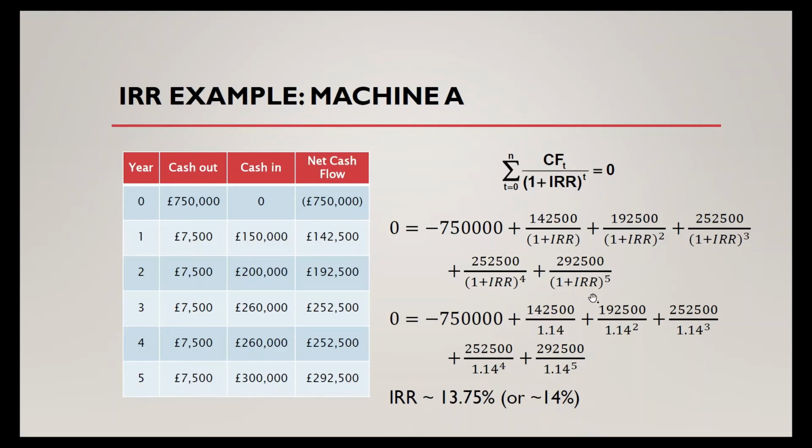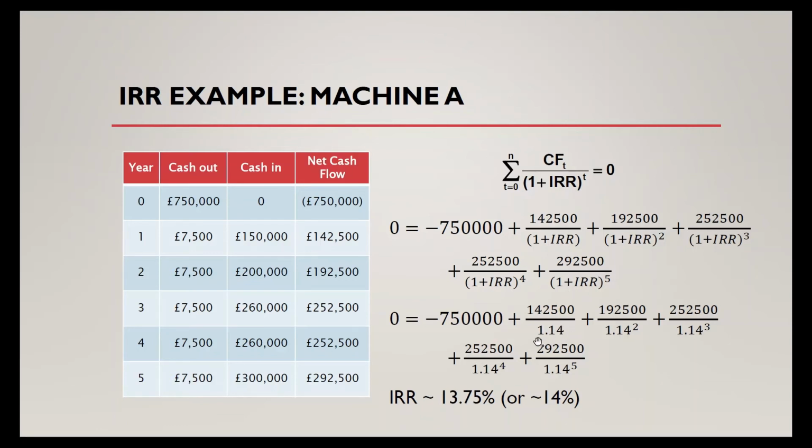In this case, assuming we already tried, 10% is too small for IRR, 20% is too big for IRR, and 15% is still too big for the IRR, so we will reduce it once again to 14%. And in this case, it will be the initial investment of negative 750,000 plus the first year we got 142.5 thousand.